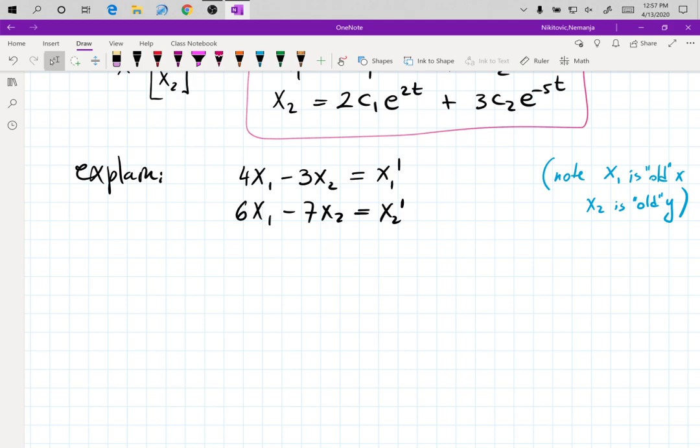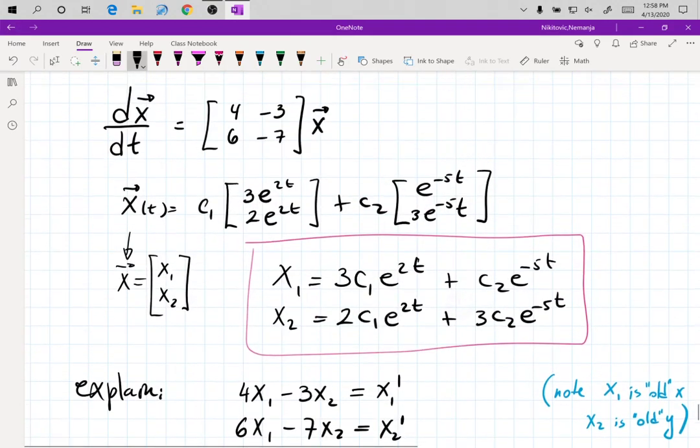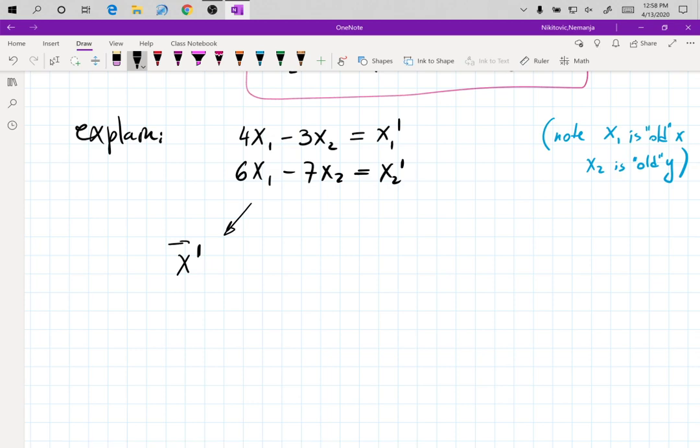Now, this could have been given to you in any shape or form, but this is the one, and from here we are able to extract the vector of primes, which is dx dt, equal to the matrix of coefficients times the vector of solutions. Actually, let's do it step by step. Let's write this as x1 prime, x2 prime.